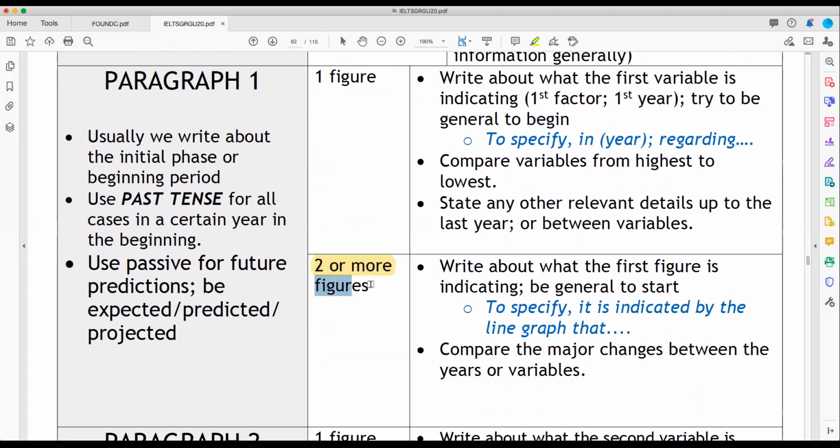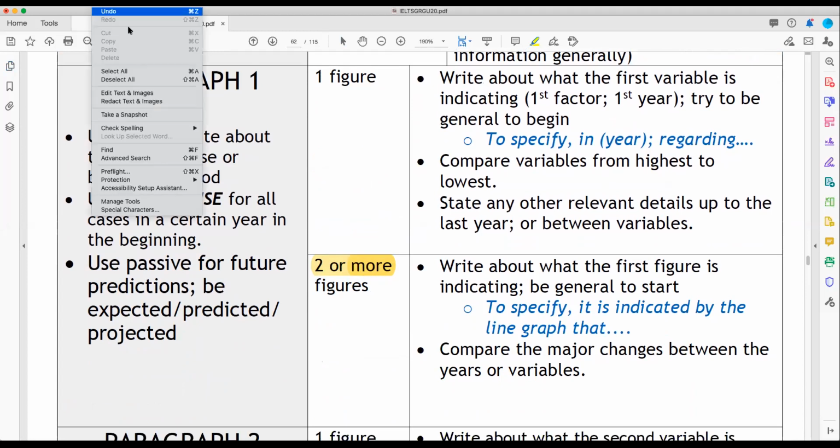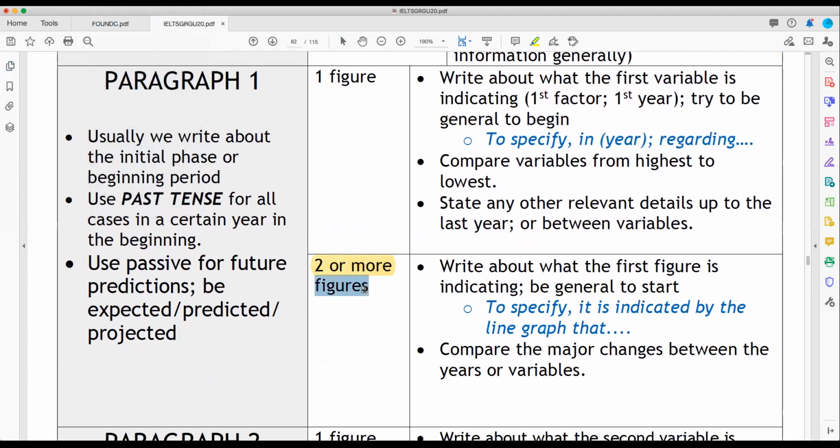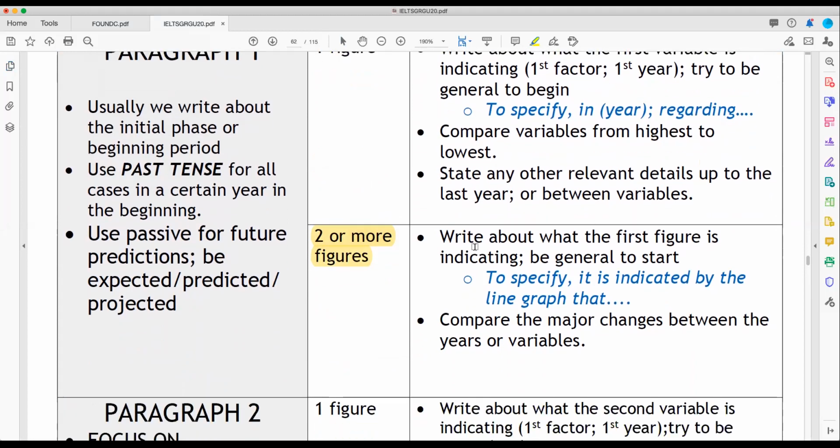So we need to follow this one here. So we're going to have to start talking about the first figure, comparing the changes in that one. Okay? All right. So we're going to use this line here.